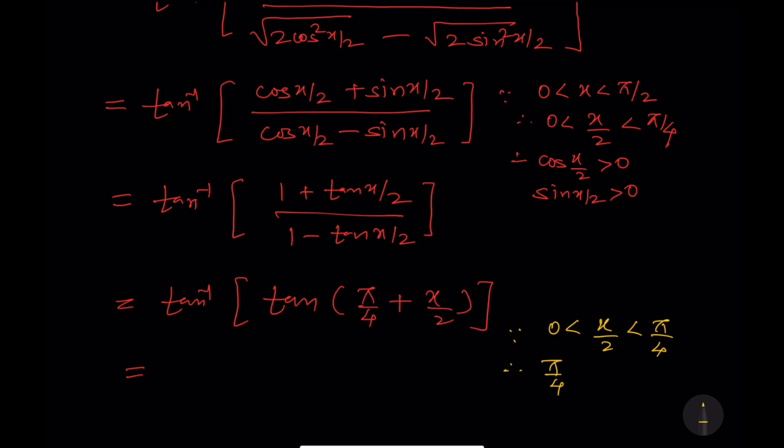Pi by 4 is less than pi by 4 plus x by 2 is less than pi by 2. So theta lies between 0 to pi by 2. Therefore, we can easily write this as pi by 4 plus x by 2. So this is our simplified form, pi by 4 plus x by 2. Next, problem number 4.